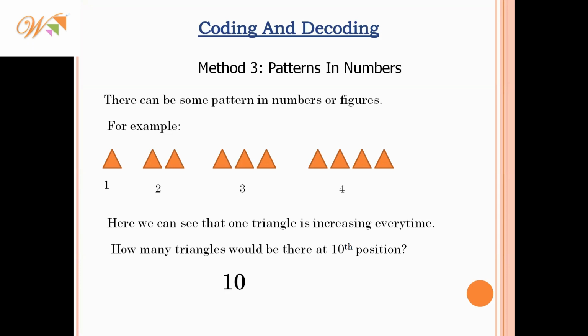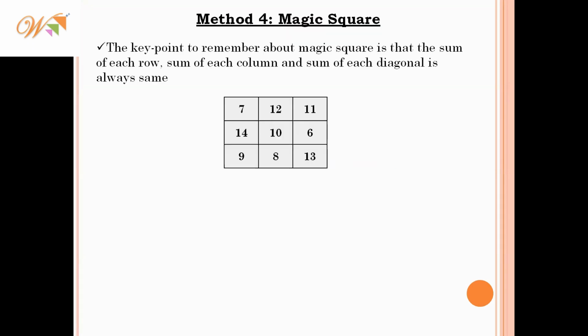Now there is method 4, which is called the magic square. Many students get confused in this magic square, but it is very simple and very interesting. The key point to remember about a magic square is that the sum of each row, the sum of each column and the sum of each diagonal is always the same.